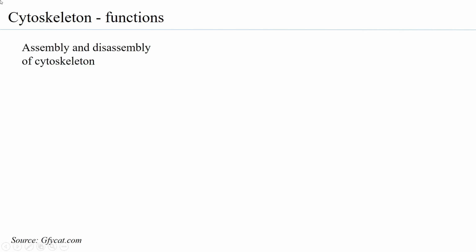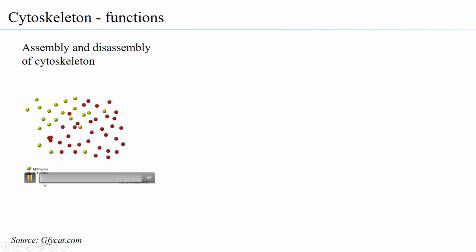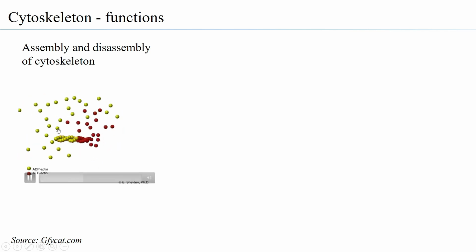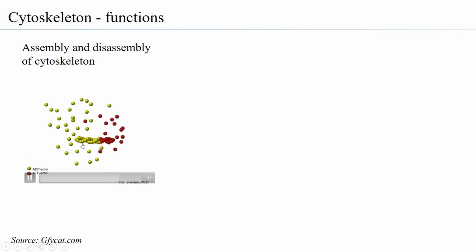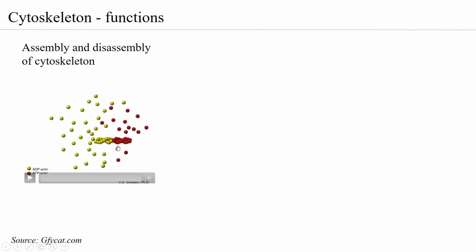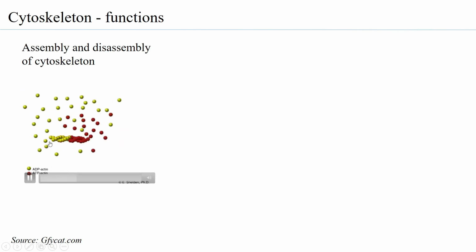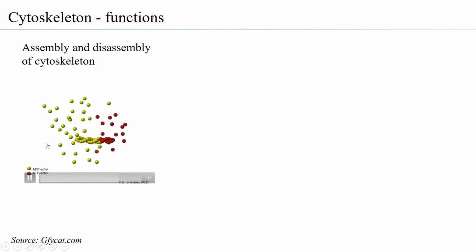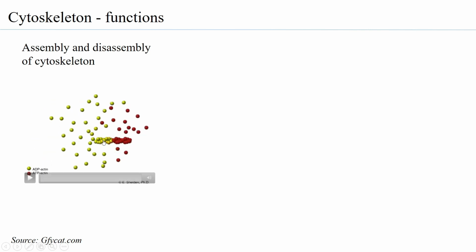Now, just continuing with the fact that the cytoskeleton can assemble and disassemble, just giving a view of another video, so you can see how actin comes together to form the actin filament. So these are all actin molecules, and these actin molecules are polymerizing to form the actin filament. But another important factor is that it began polymerizing over here, and you can see that the actin is slowly extending at this end, and at the other end it is depolymerizing.